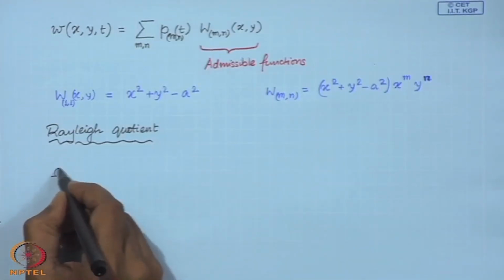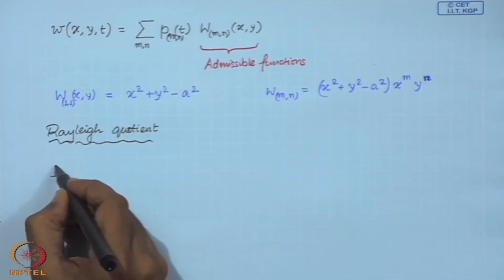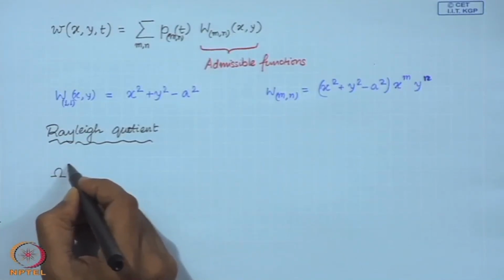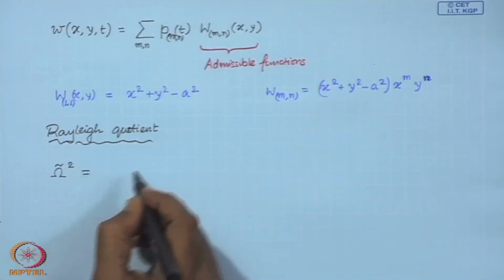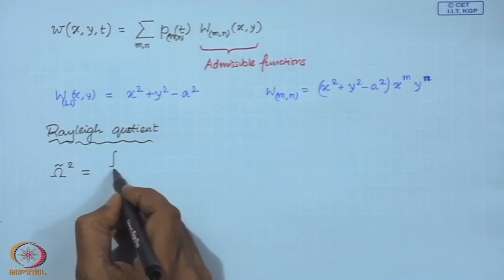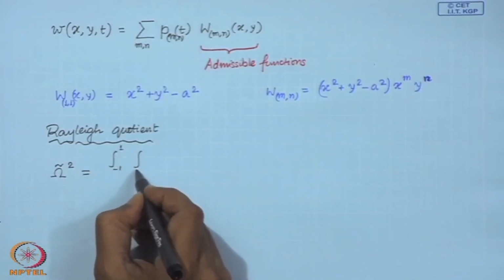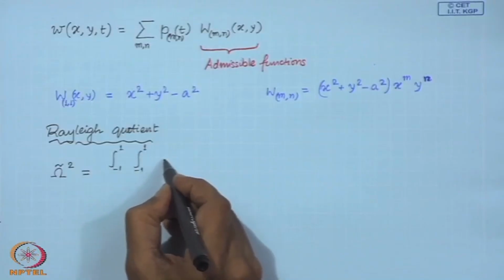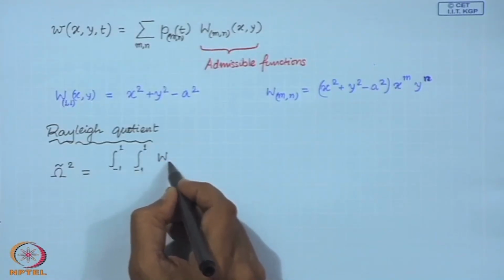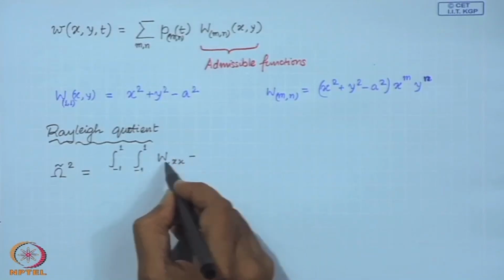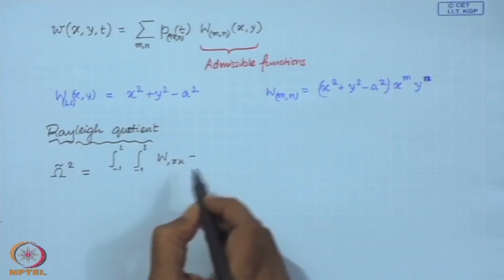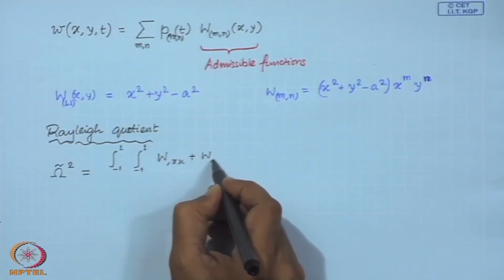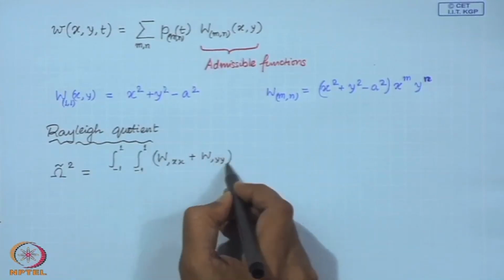So, the non-dimensional frequency square then turns out to be, so this is the assumed eigenfunction for the fundamental mode, which we are assuming in this form.